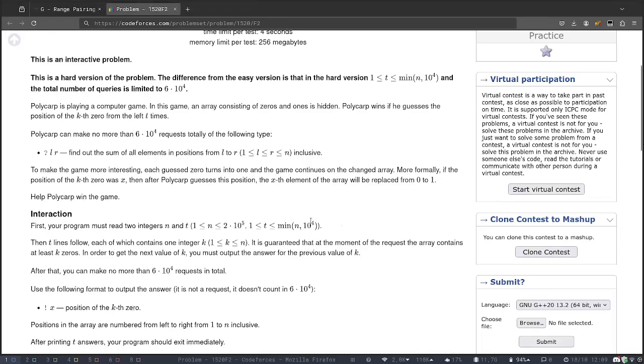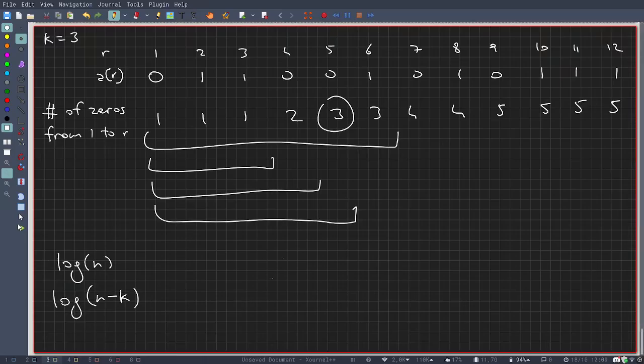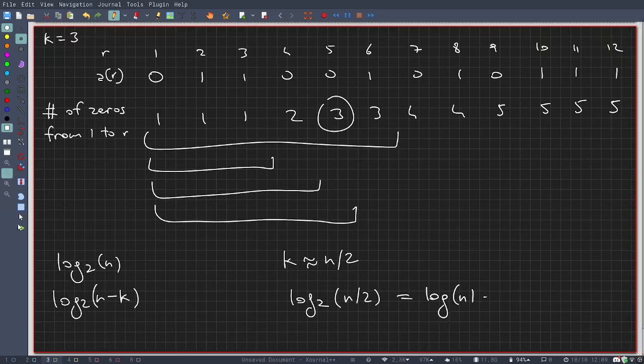Yeah, but actually, even if k is around n over 2, it's log base 2 of n over 2, which is actually log n minus 1.